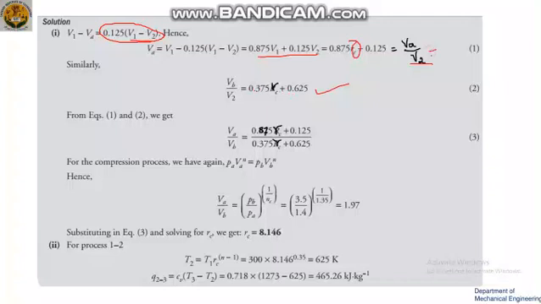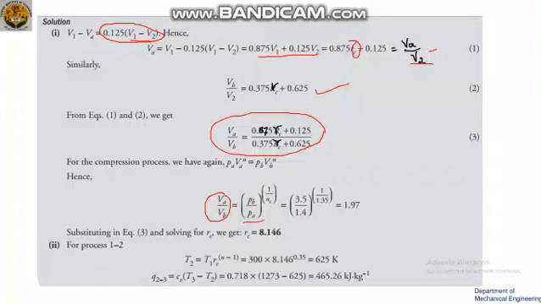So you need to take these two equations, 1 and 2, and divide, and you will be left with equation 3. For the compression process you have PA VA to the power n is equal to PB VB to the power n. Take VA and VB on one side and send others to the right hand side.